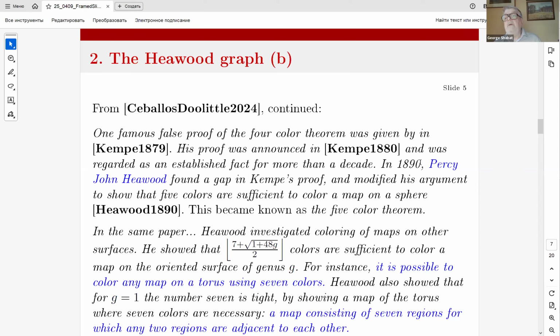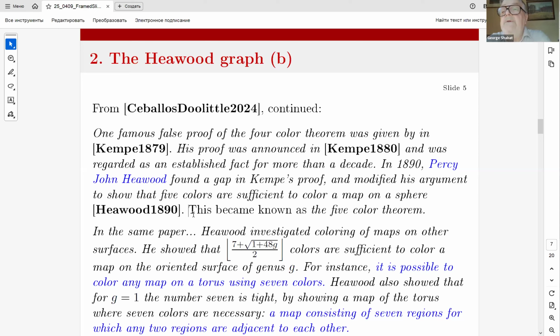Then 1890 happened, and perhaps the main hero of today's talk, Percy Heawood, found a gap, and then proved the weaker theorem, and it turned out that there are three theorems called some number color theorem.